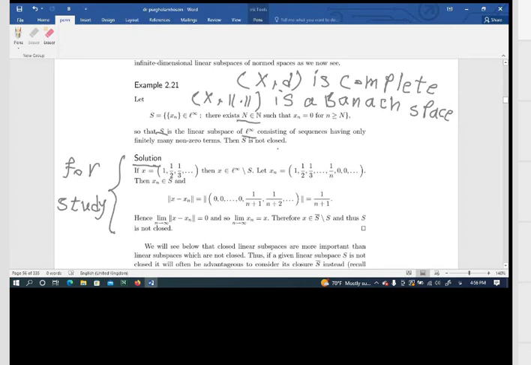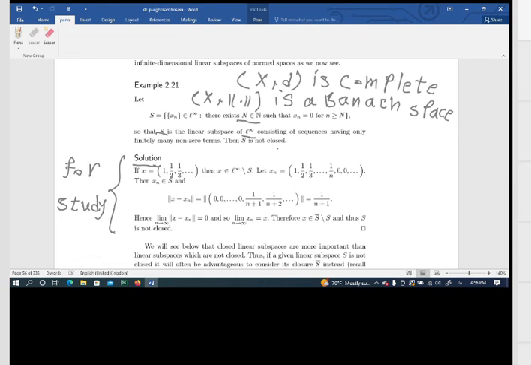If we define xn like this: 1, 1 over 2, until 1 over n, and then 0, then xn is in S, and the norm of x minus xn equals 1 over n plus 1. So the limit of the norm of x minus xn equals 0, which means that xn converges to x.